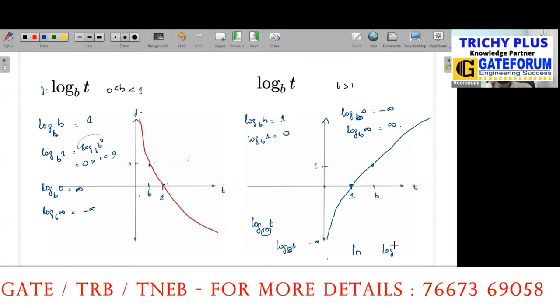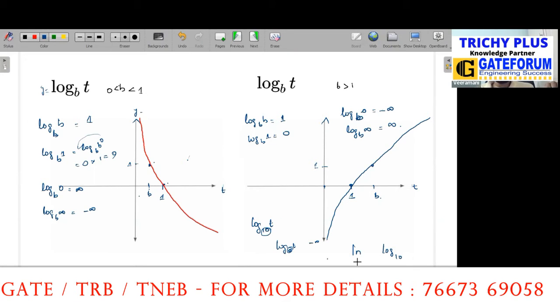Whenever you use a log, you have to mention the base. But what we do is, when we write just log, we are assuming that it is log base 10. If you are not mentioning the base, that is the wrong way of representing, but still, if we write log, we consider it as log base 10.